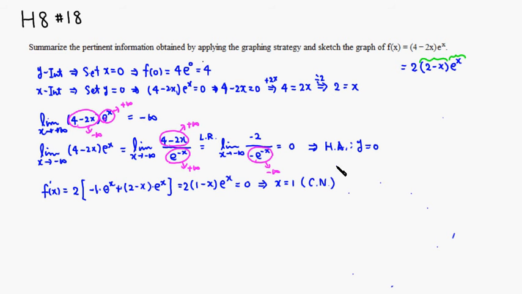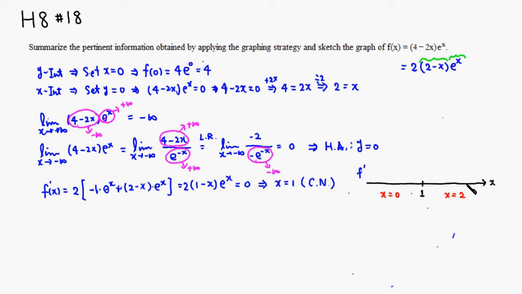So we can do a number line to discuss the increasing and decreasing behavior. I'm going to draw a number line here and put the tick mark at the critical number, which is 1. Then we just need to discuss the sign of the first derivative. Here's the f prime. We can try anything less than 1, so I'm going to try x equals 0 and x equals 2.